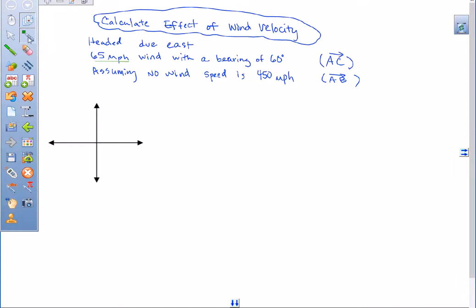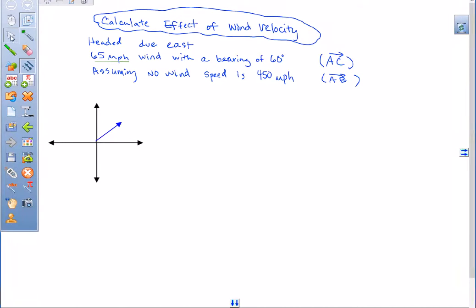So, what are we doing? We are traveling due east. But we have this wind that is 65 miles per hour at a bearing of 60 degrees.